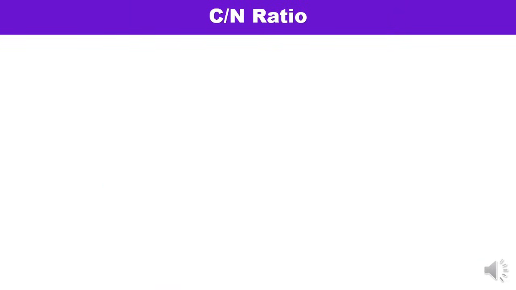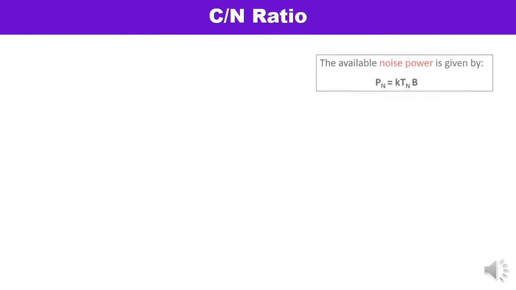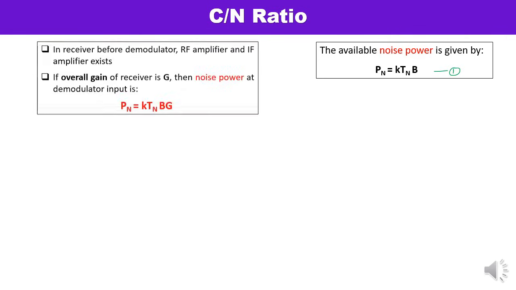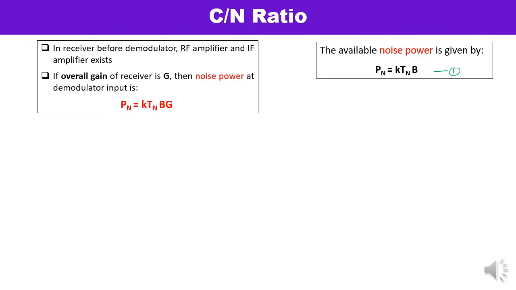Next is the carrier to noise ratio. What is carrier to noise ratio? We have already studied that the available noise power is given by K Tn into B. This is how you can calculate the noise power, where K is the Boltzmann constant, B is the bandwidth, and T is the temperature.